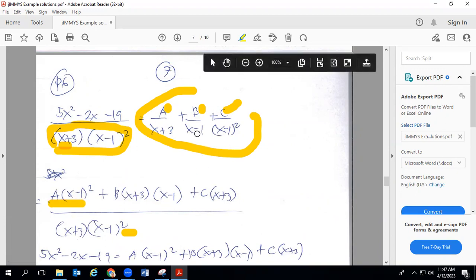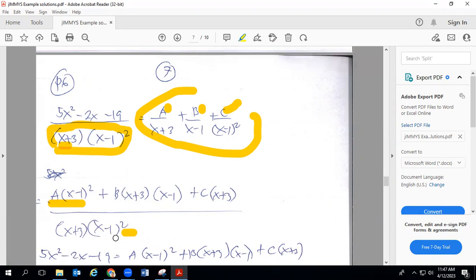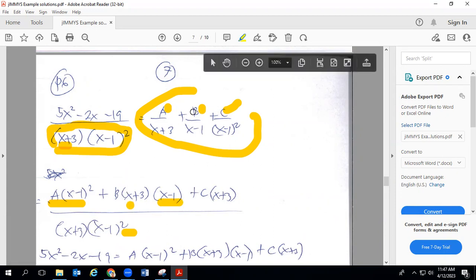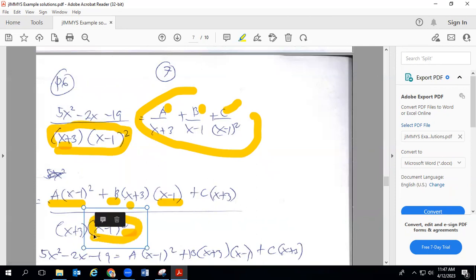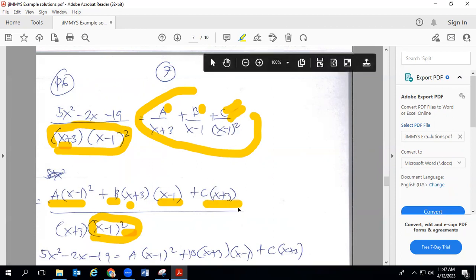Similarly here, you remove x minus 1, so you have x minus 1 here, and then that's x plus 3, multiplied to this value of B. And here, you just remove x minus 1 squared, you remove this one, multiply x plus 3 to C. That's why you have this form.